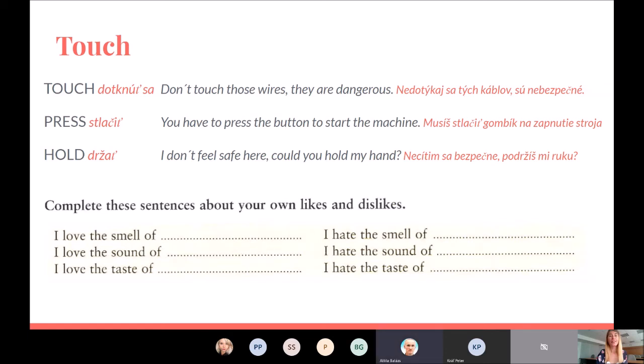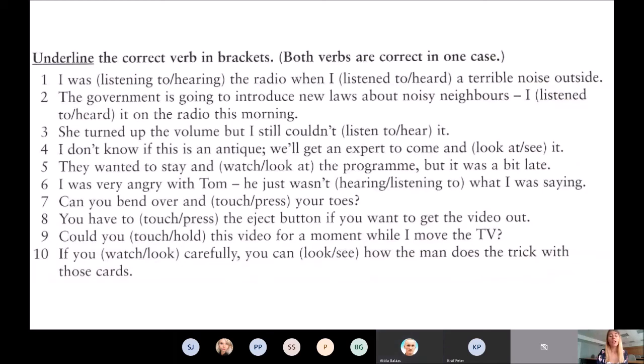Thank you very much. And let's do quick exercise. You have 2 options and I want you to choose the correct one. Remember the difference between see, look, watch, hear, listen to, hold, press, and touch.